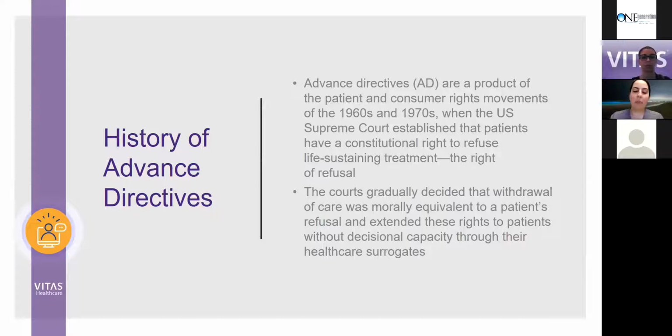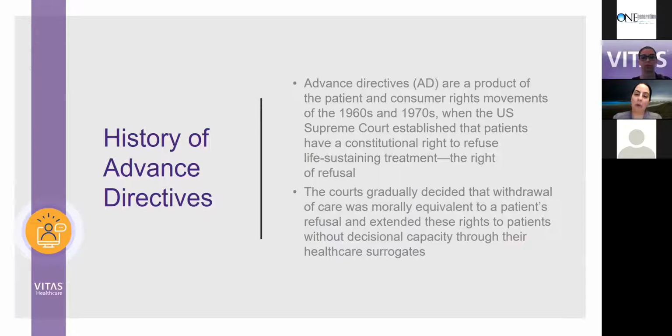Together, the patient and consumer rights movements as well as the hospice care advocates really led to what we now call the living will. And it came about with the states rather than the federal government giving legal support to this living will document that we now all pretty much know and know many people who have.